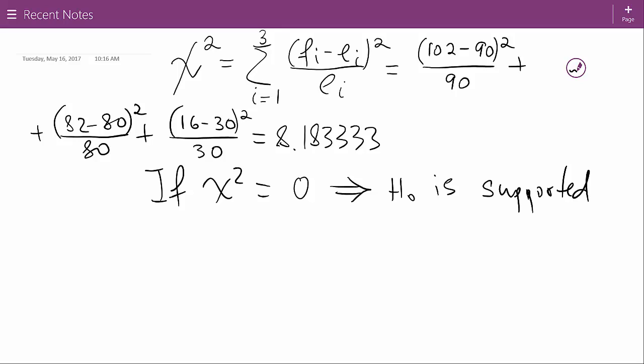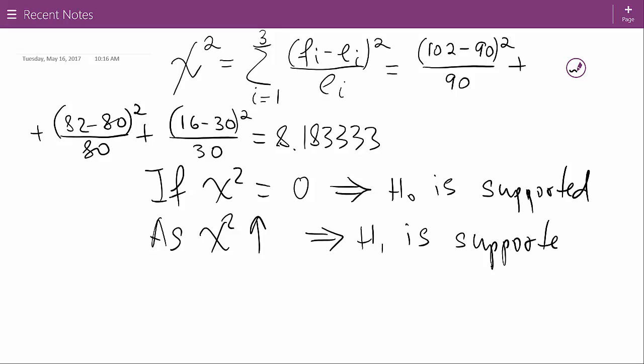So the larger the difference between f and e I see, the larger the whole expression becomes. So as chi-squared goes up, I have less and less support for the null hypothesis, and therefore more and more support for the alternative. As I'm getting away from the null, I'm moving towards the alternative. So as chi-squared goes up, H1 is supported more.